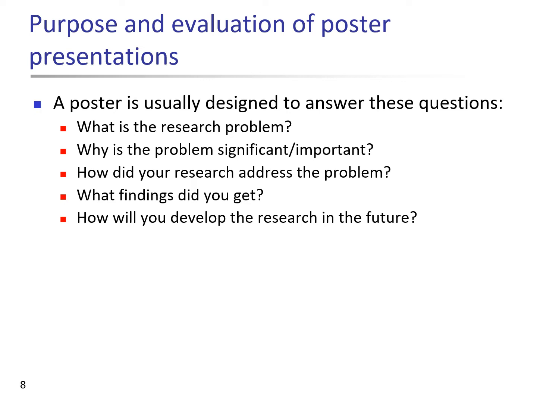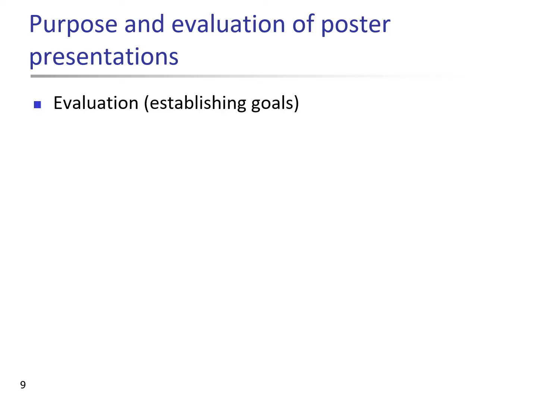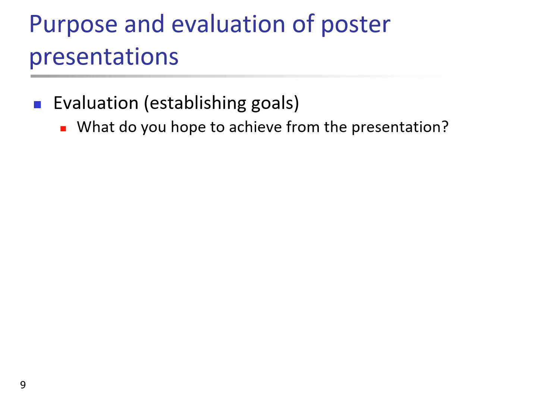In terms of evaluation of a poster, it's good to think, what are you trying to achieve from the poster? What do you hope to achieve? Perhaps you want to get some new ideas for research by speaking with the audience and discussing the research that you're doing. Perhaps you want to get some new research collaborators.